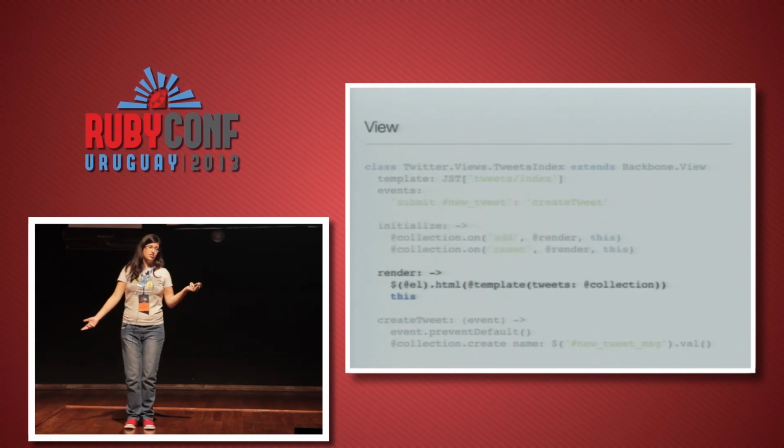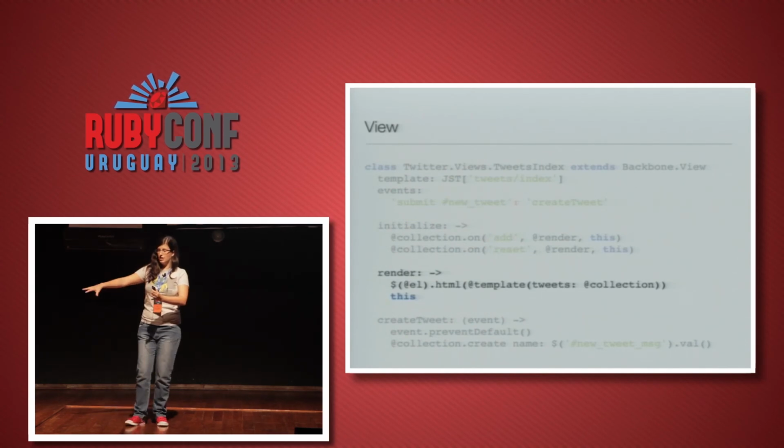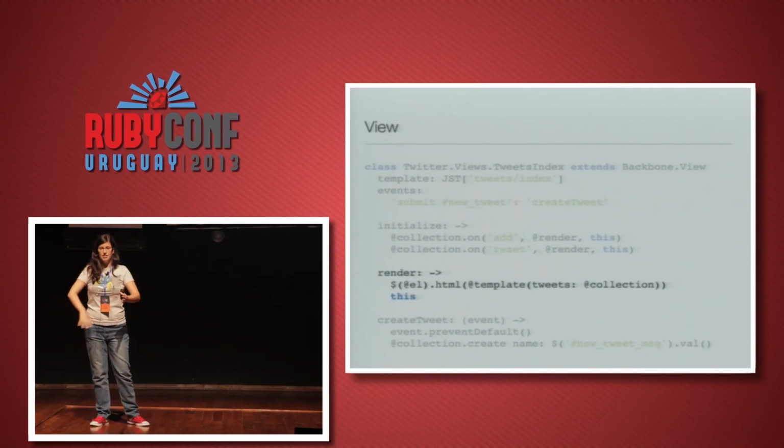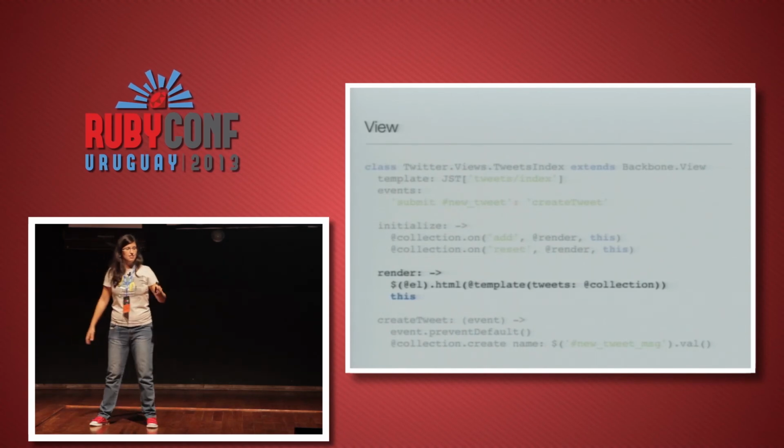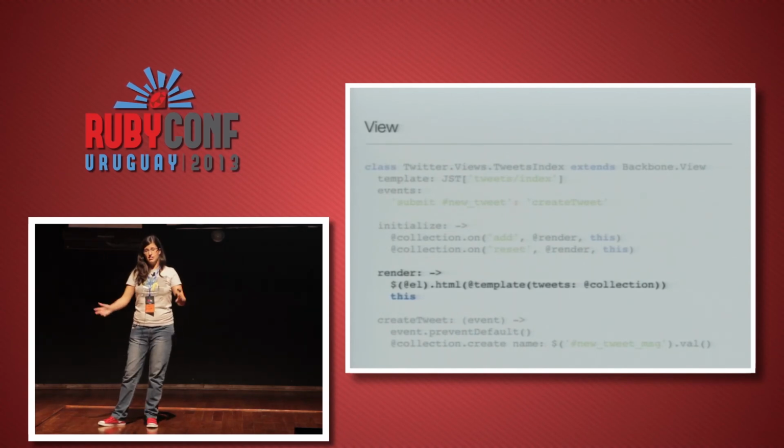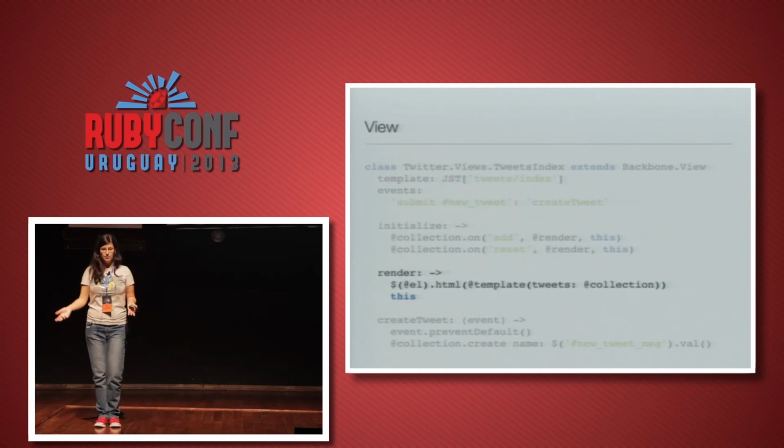And then what I do is render all this. I take the element and I tell it, fill with this HTML. And inside that HTML function, what I pass is the template inserted with the data. So I'm in the view, I pass something to the template, it does its things.